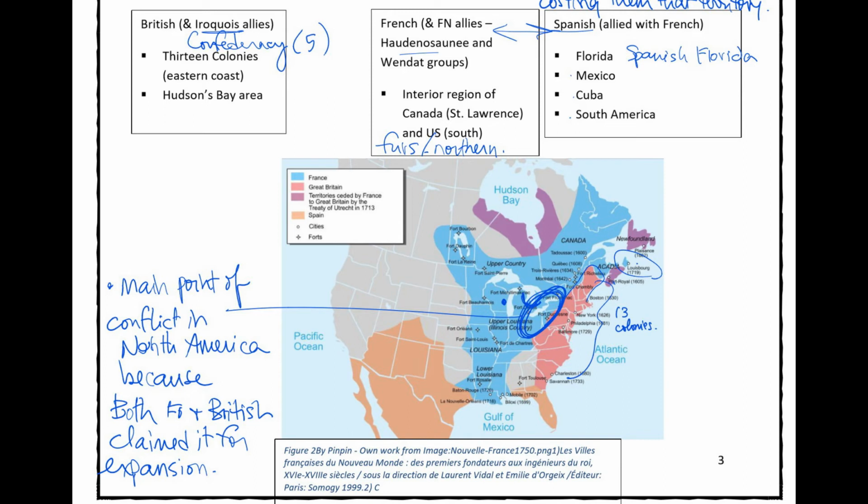But if you're going to write on your handout there, one of the major conflicts, one of the most important parts of this conflict is this territory that's right in here. It was a main point of conflict in North America.